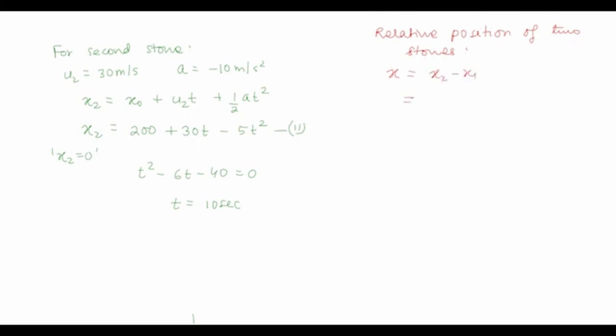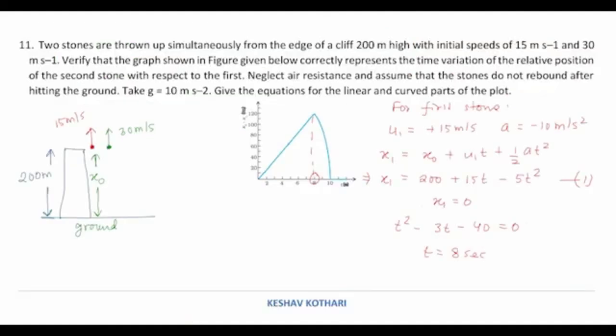Putting in the equations, we have 200 plus 30t minus 5t square, subtracted with 200 plus 15t minus 5t square.